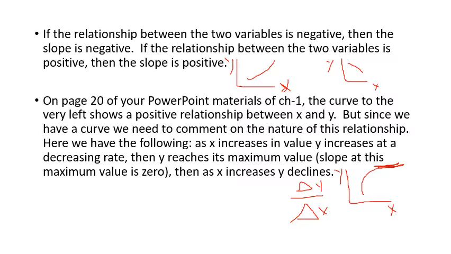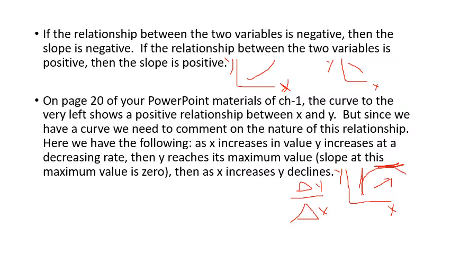Okay, you see here, if I take a tangent here, can I stand on the tangent? The slope is very high. Okay, as I move from left to right, in this direction, the slope keeps on decreasing. Positive but decreasing. At this point, it becomes 0.